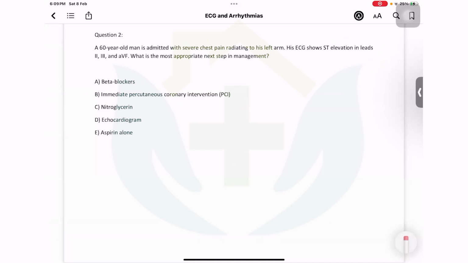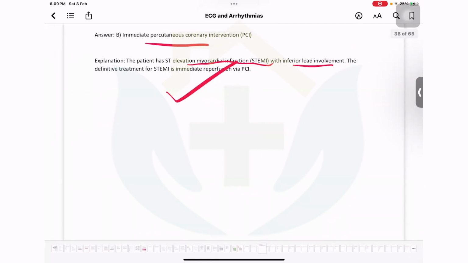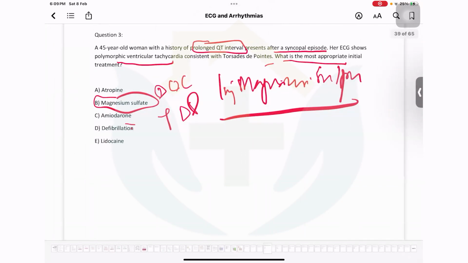So what is the most immediate step in the management of this patient? Immediate percutaneous coronary intervention. How do you define this disease? It is known as inferior wall STEMI. So what is the management of STEMI? It is immediate percutaneous intervention.